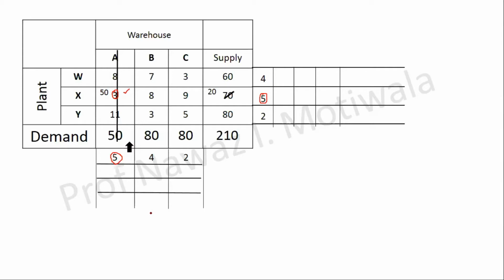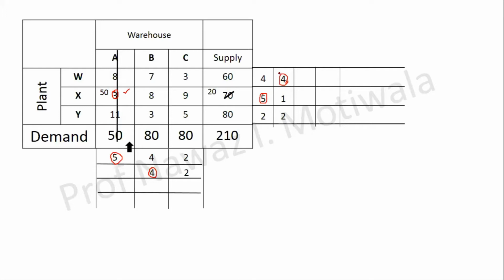So in the second iteration, the penalties will be 4, 1 and 2, and 4 and 2. Again you observe that there are two highest penalties, one is this 4 and one is this 4. Again the maximum penalties are coinciding. Then we have to see at which place there is a minimum cost.